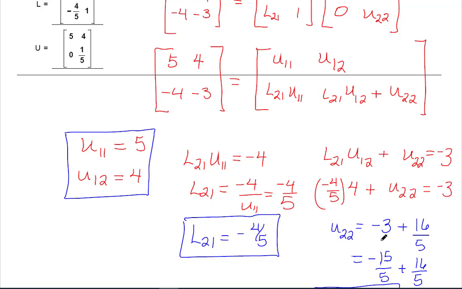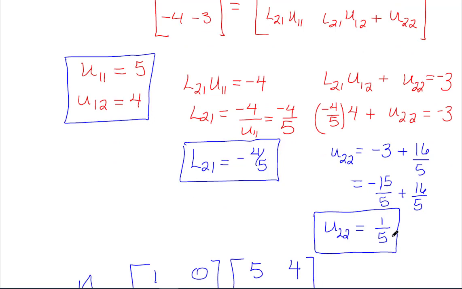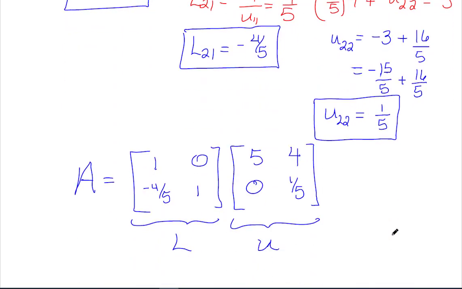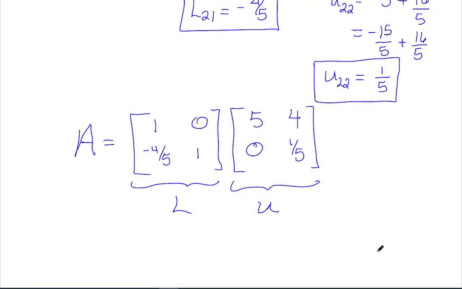Change this minus 3 to minus 15/5 and add them up. And so we get our lower triangular matrix and our upper triangular matrix. Certainly not as difficult as it seems.